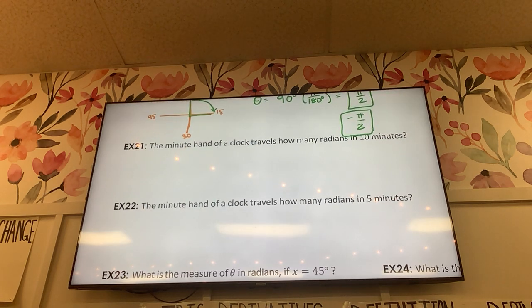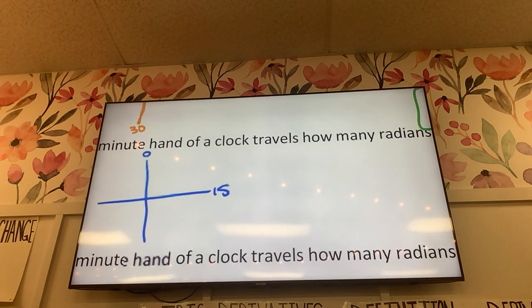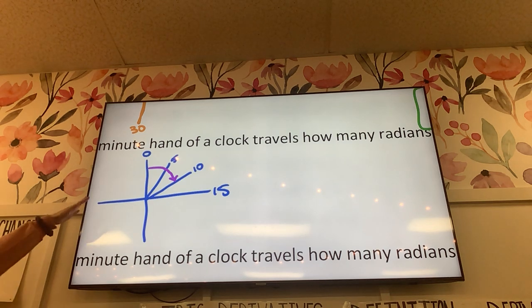Okay, so similar question, but now my minute hand of the clock is traveling only 10 minutes. All right, so I'm going to split 15 up into 5 and 10. So if I'm going 10 minutes, well, if I split this up, how many is each little angle here? 30.